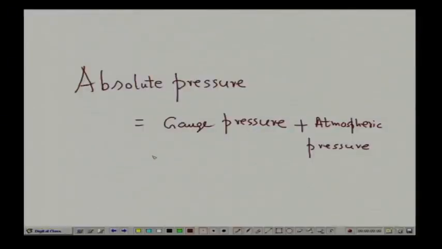It has a wide range also. A typical range starts from 1.013 bar, which is equal to 1 atmosphere, as you know.